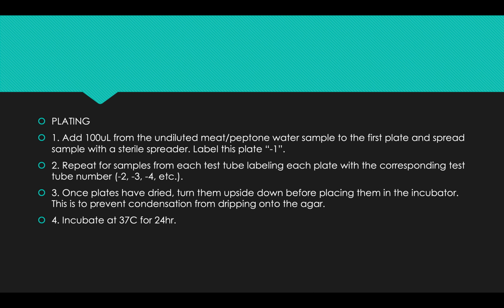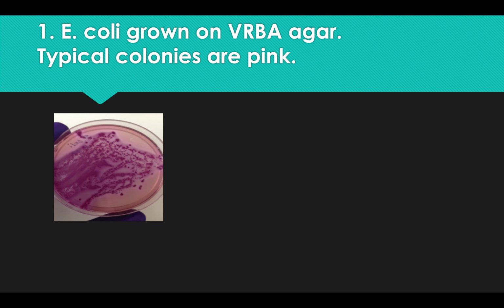Once the plates are dried, turn them upside down before placing them into the incubator. This prevents condensation from dripping onto the agar. Incubate the plates at 37 degrees centigrade for a period of 24 hours.